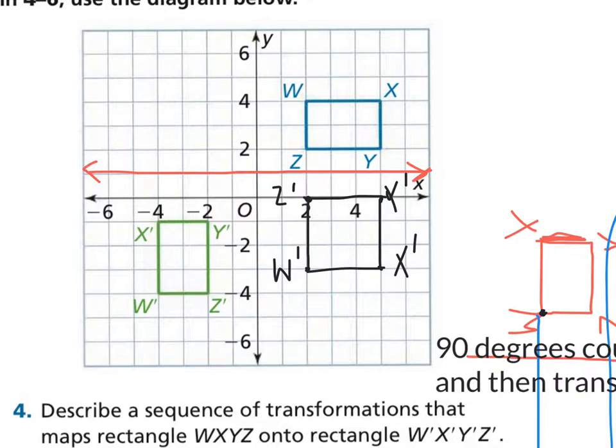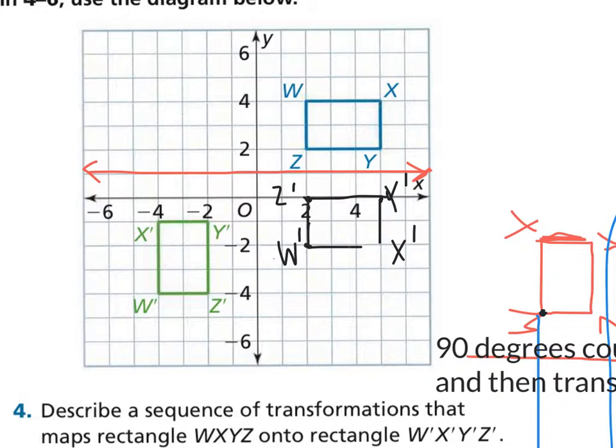And just illustrating for you guys about making sure, when we do that reflection, our figure should look the same. I actually moved 3 units instead of 2, so you could see there how those did not look the same.